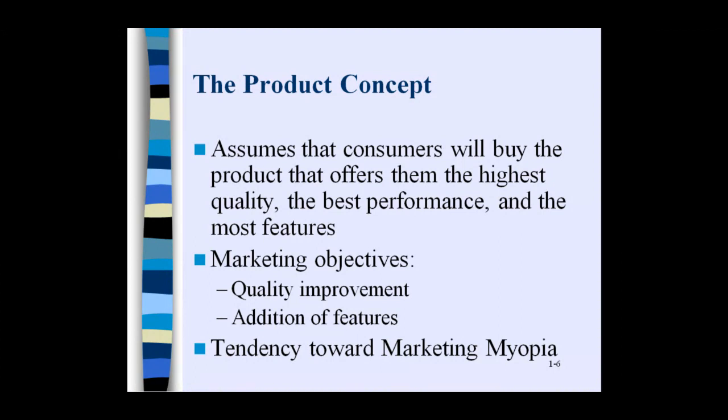What would be the marketing objectives here? By definition there are two: first is quality improvement and second is addition of features. But it has a tendency towards marketing myopia.